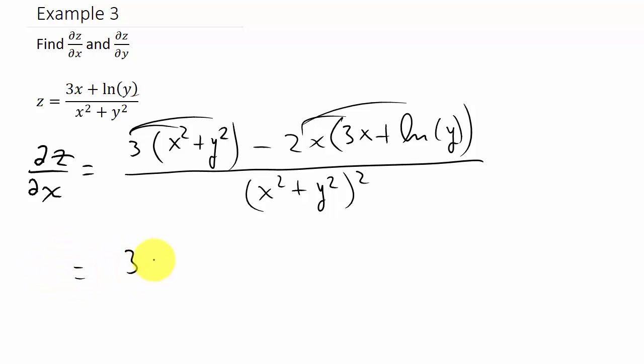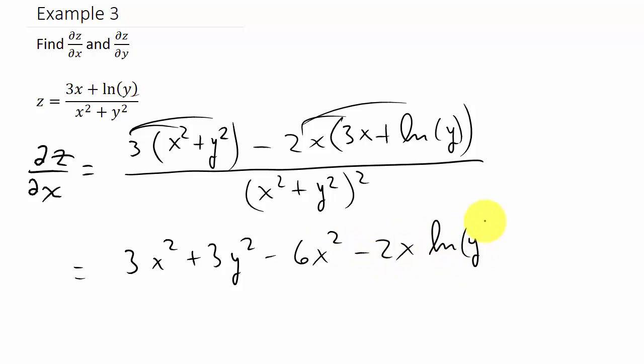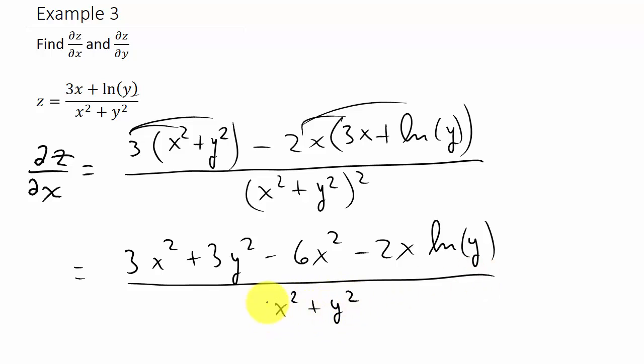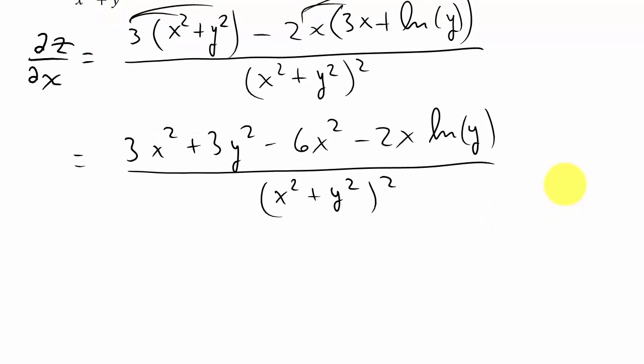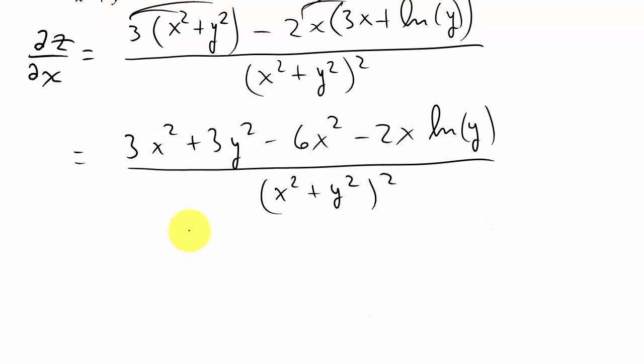Alright, so let's just distribute and see if we can combine some stuff. So this is going to be 3x squared plus 3y squared minus 6x squared minus 2x natural log y over x squared plus y squared, squared.